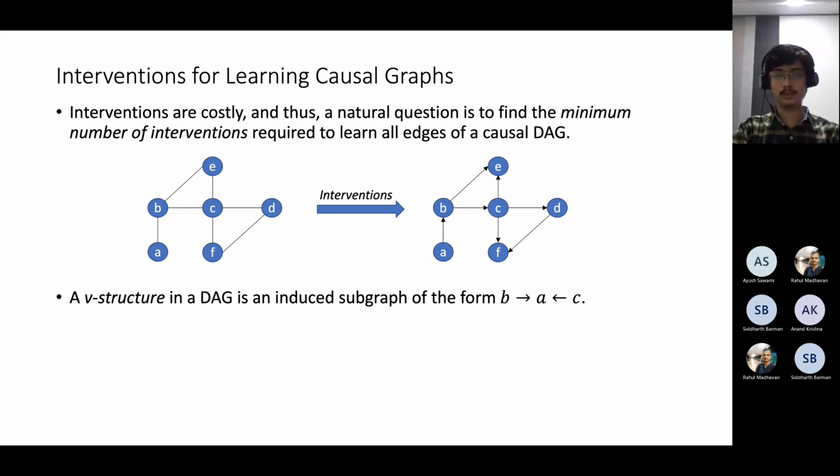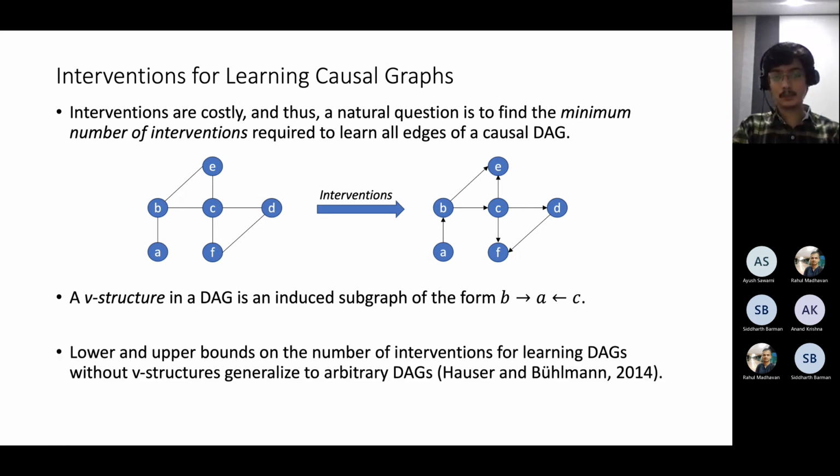Now, just to again define a V structure: a V structure in a DAG is an induced subgraph of the form B to A and C to A, where B and C are not adjacent. It is well known that lower and upper bounds on the number of interventions for learning DAGs without V structures generalize to arbitrary DAGs.